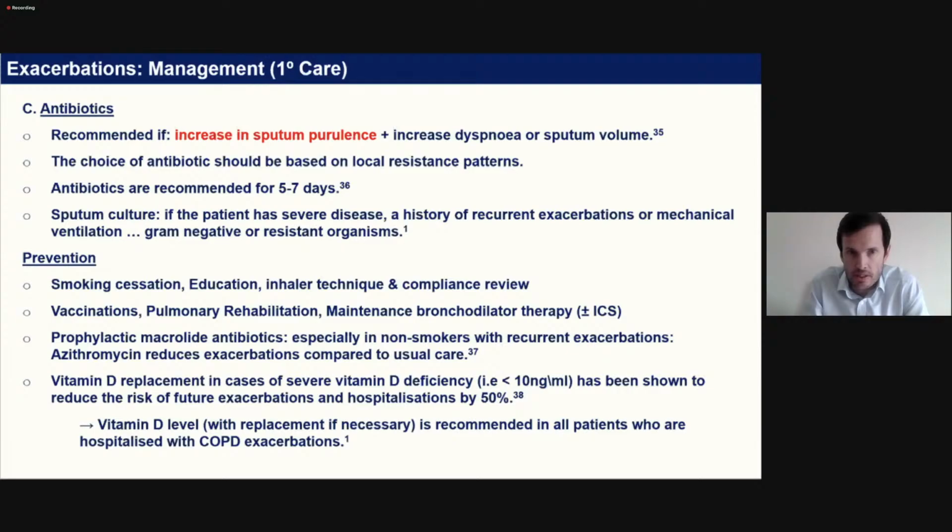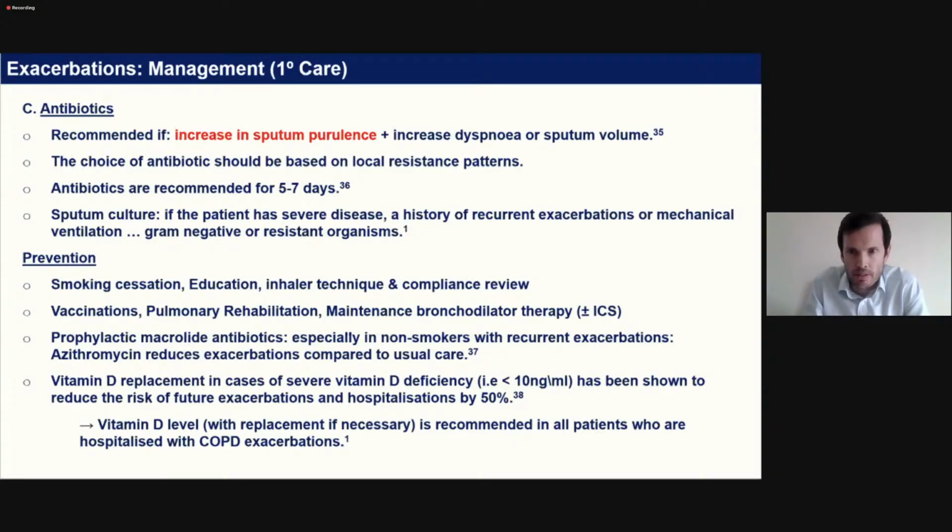Prevention of further exacerbations is a key element of COPD management, and preventative strategies that I have already discussed earlier in this presentation include smoking cessation, education, inhaler technique and compliance review, vaccinations, pulmonary rehabilitation, and regular maintenance bronchodilator therapy, with consideration for inhaled corticosteroid if frequently exacerbating and/or higher eosinophil levels are present.